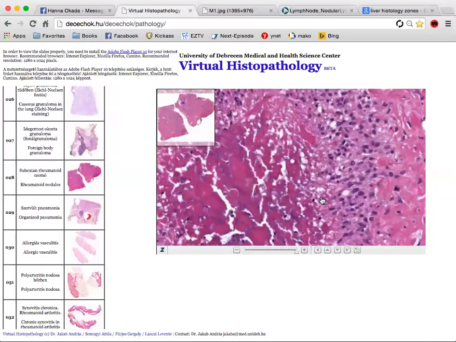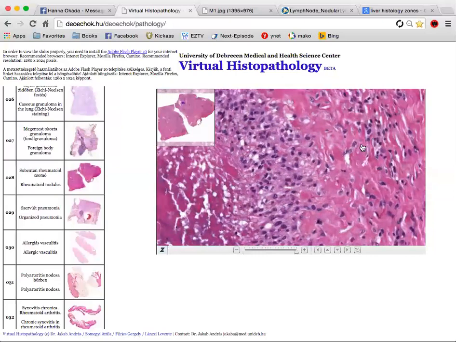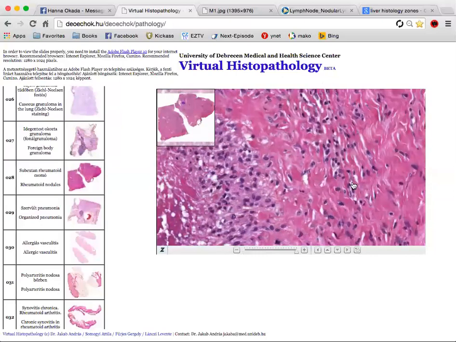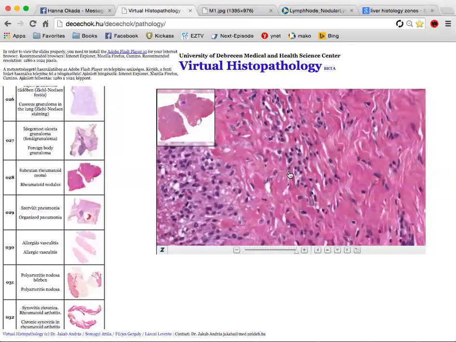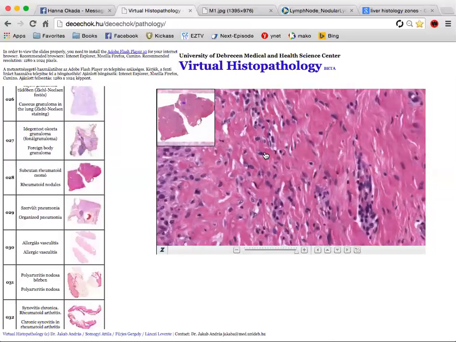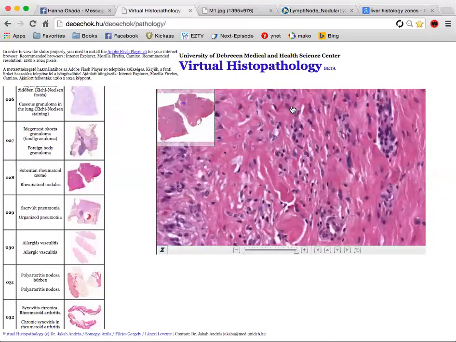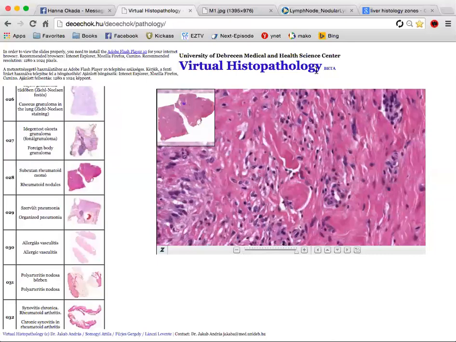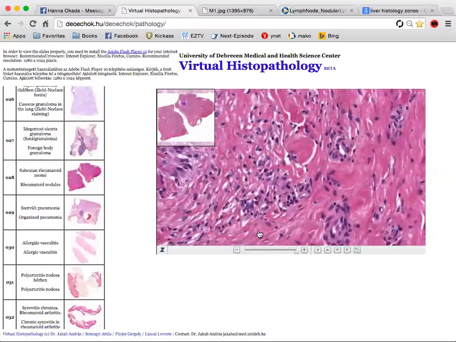No. There aren't a lot of giant cells, so it's mostly the epithelioid cells and maybe some lymphocytes here in the periphery. So these may be some activated T lymphocytes. And you might be able to see a giant cell here and there, but they're not very prevalent.